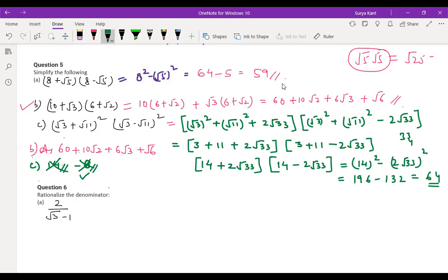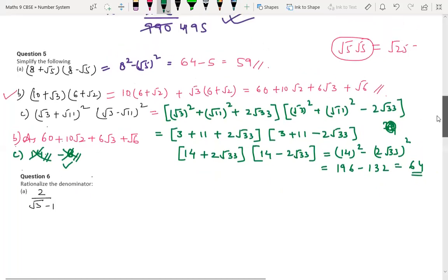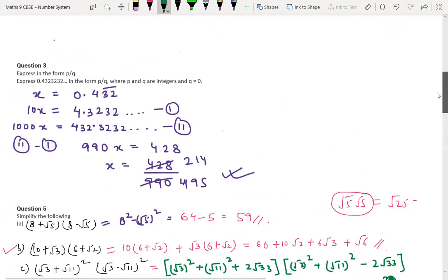We understood? Sir, actually first I have done wrong. For the A square minus B square, if we use that identity, I'm getting 112, sir. Okay, I'm solving that way also.